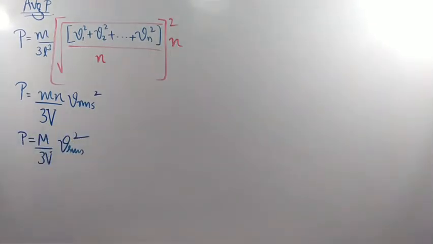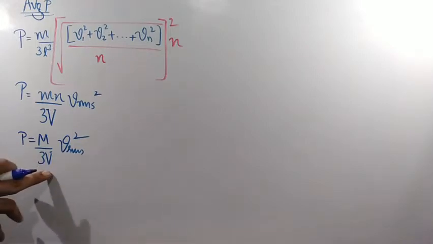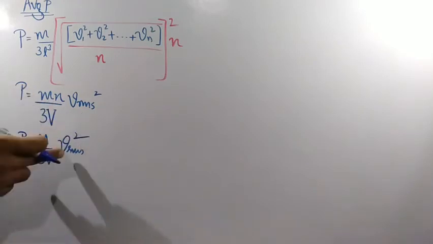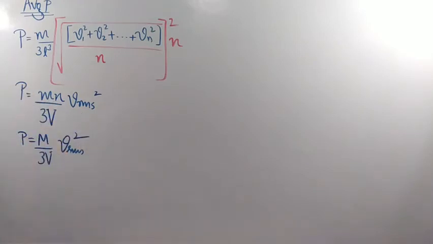Clear? So M by 3 times volume V into VRMS square, very much important. Or you can remember PV is equal to 1 by 3 small m into small n, in place of capital M, into VRMS square. Clear? How is the derivation?